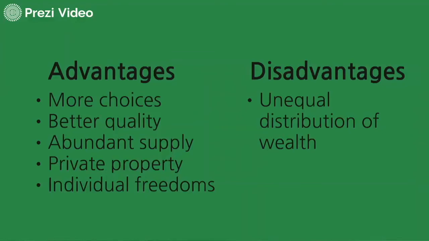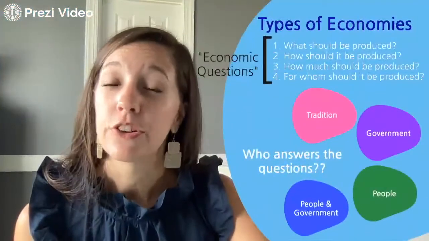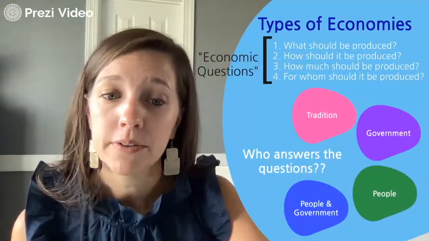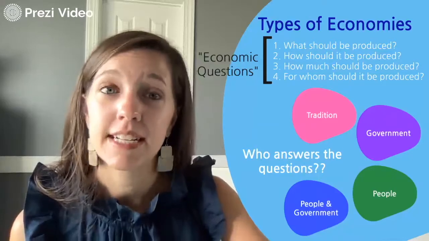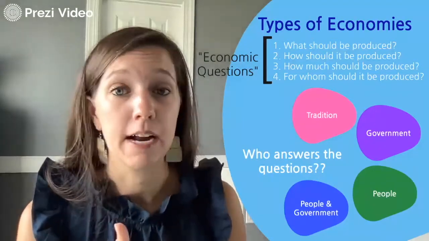Okay. The disadvantage here, though, is that there is unequal distribution of wealth, which is a fancy way of saying that there are poor people and there are rich people. And that is part of a market economy. Now, truth be told, most nations are a mixture of these different types of economies.